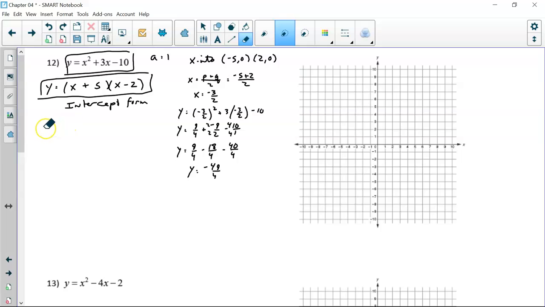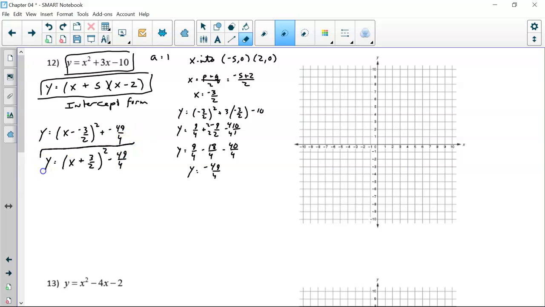So for vertex form, y equals a, which is 1, times (x minus negative 3/2) squared, plus negative 49/4. So y equals the quantity (x plus 3/2) squared minus 49 over 4.